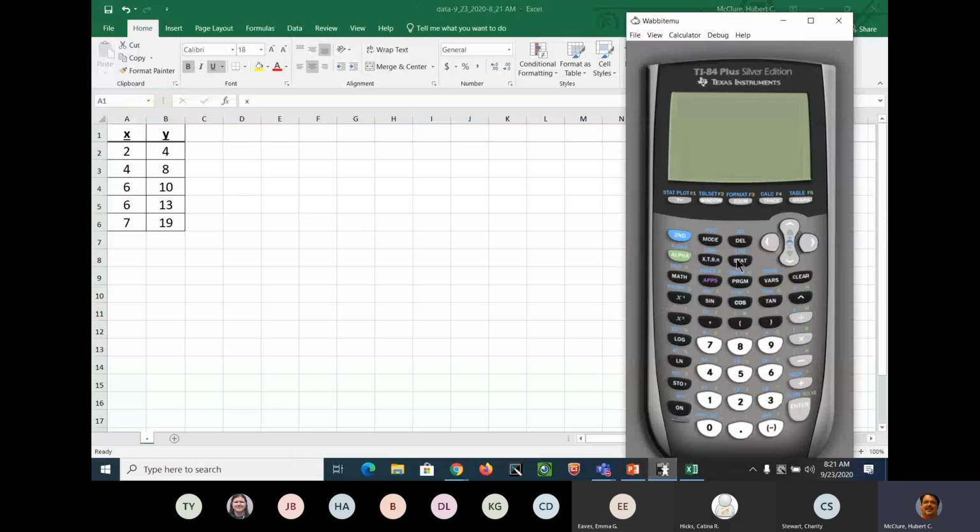So I'm going to hit Stat, Edit, and I'm going to clear L2 and clear L1. And I'm going to type in 2, 4, 6, 6, 7 in L1. Over here I'm going to type in 4, 8, 10, 13, and 19.